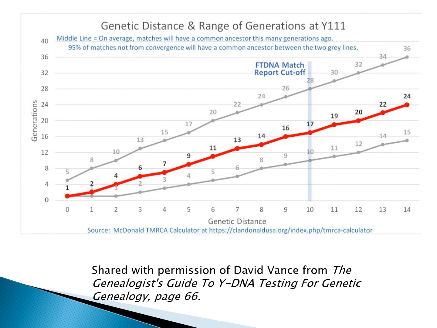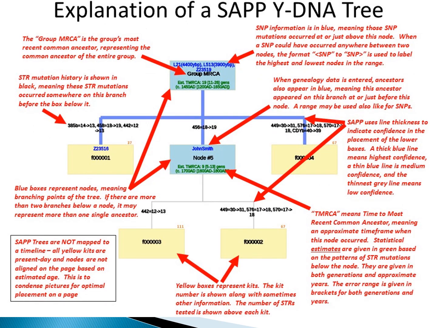The red line shows where you show up on average if you were at that genetic distance, but it could be between the two gray lines. I thought this was really interesting. I was given permission to show this.